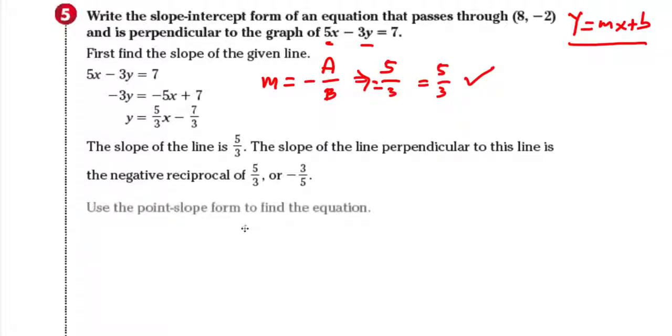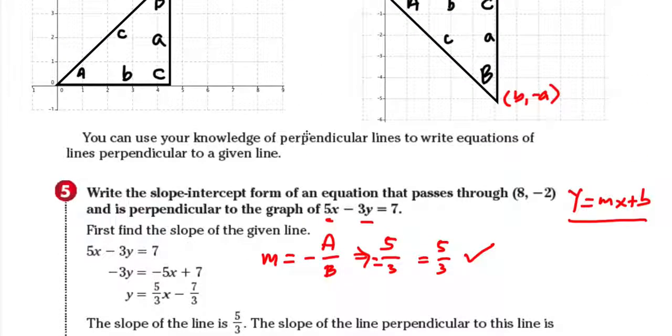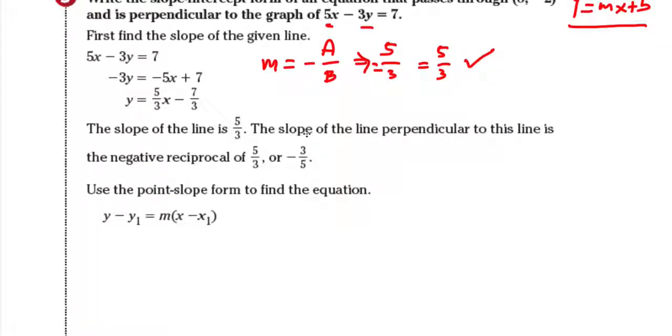Again, we go back to our point-slope form to find the equation: y minus y sub 1 equals m times x minus x sub 1. We use the point (8, -2) and the slope of negative 3/5.